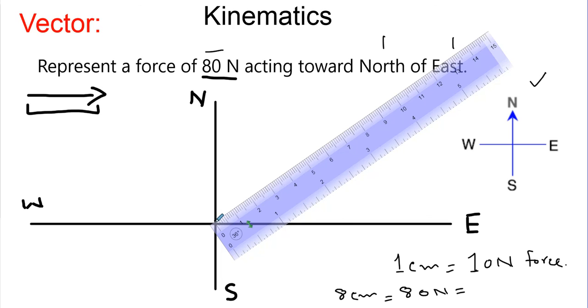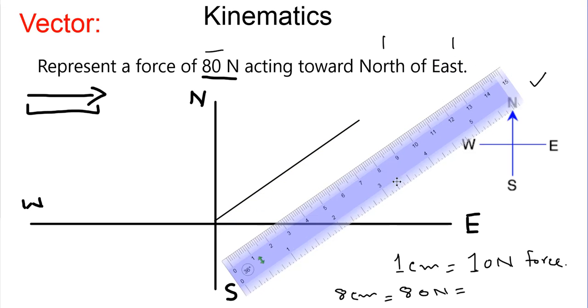I start from 0, I am at 1 centimeter, so this length is showing 10 Newton force. Then I go another 1 centimeter, I am now at 2 centimeters. This is the force 20 Newton. If I go all the way to 8, now this whole length is representing 80 Newton force.